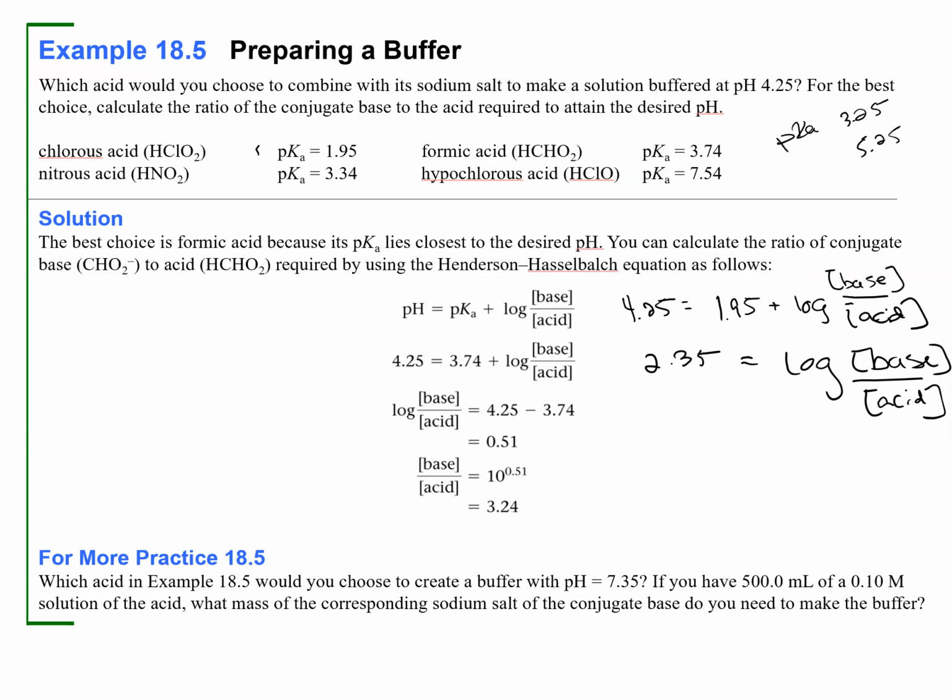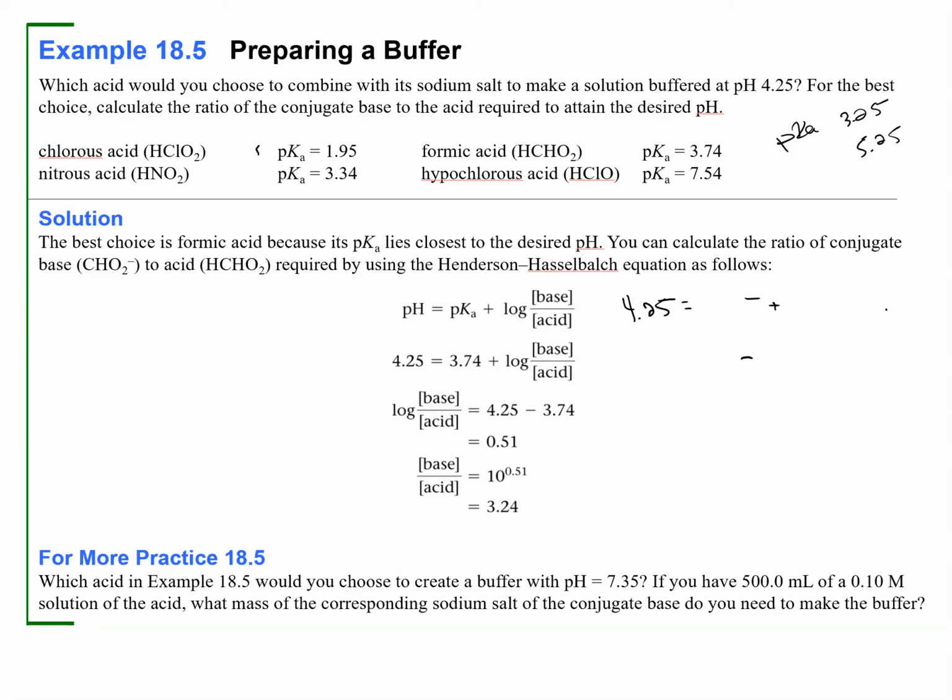So this is functionally not going to be a good buffer any longer because it's almost all one species. That's what happens when you're too far away from your buffering pKa. You lose your buffer. Now, let's look at nitrous acid.